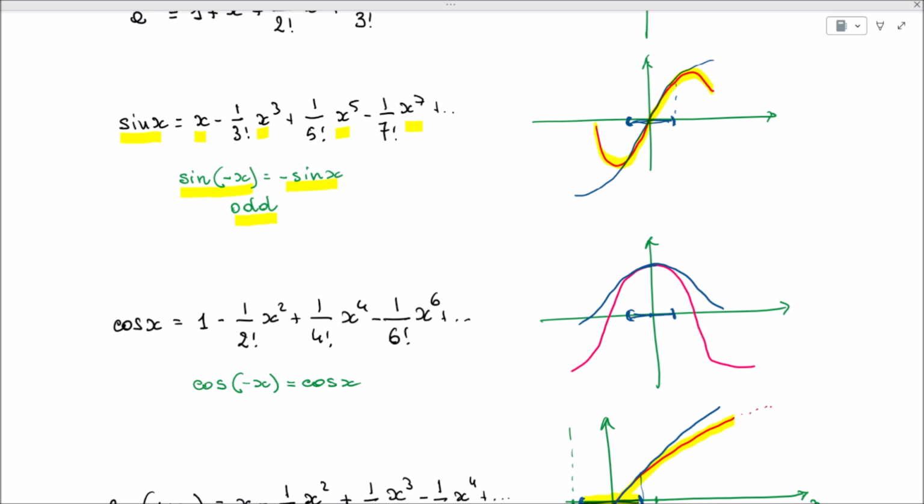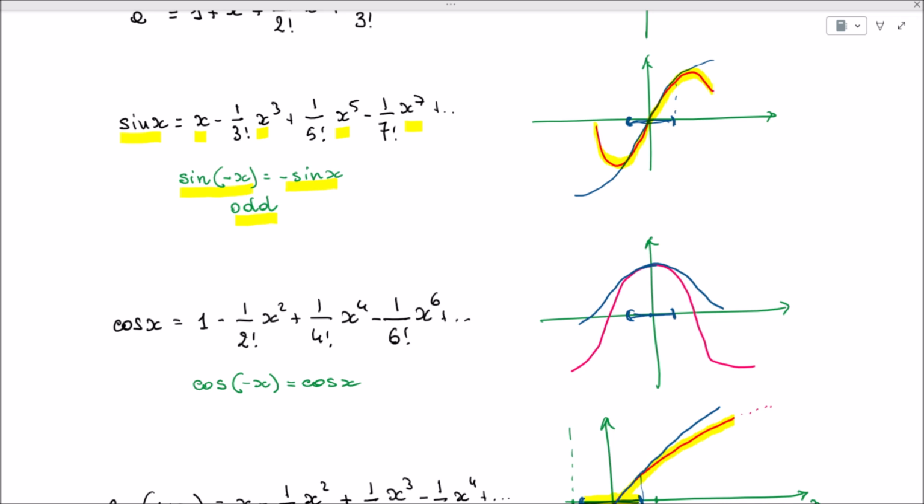If instead we consider an even function, just like the cosine, and we know that the cosine of minus x is equal to the cosine of x, confirming the fact that we are dealing with an even function, we see now that the Taylor polynomial only contains even powers of x.